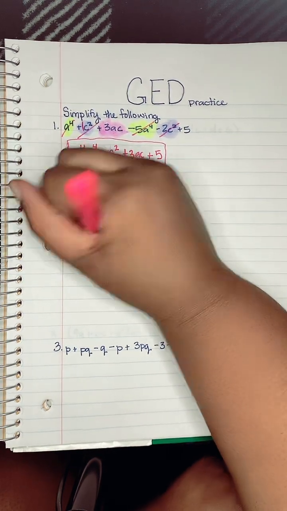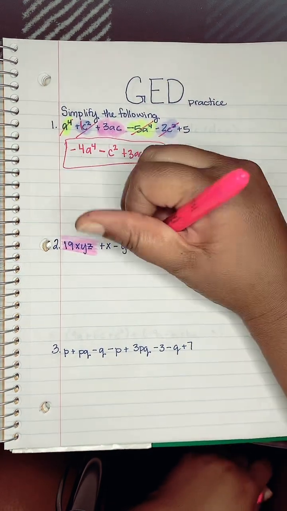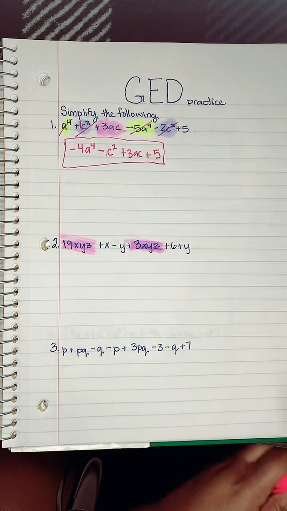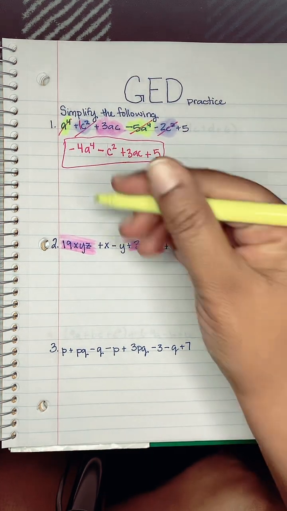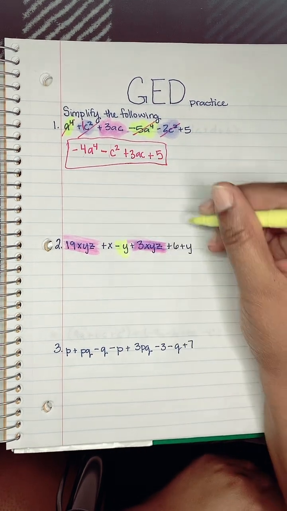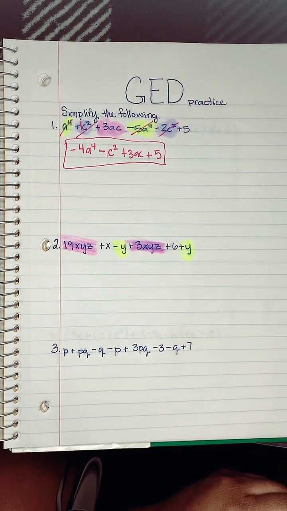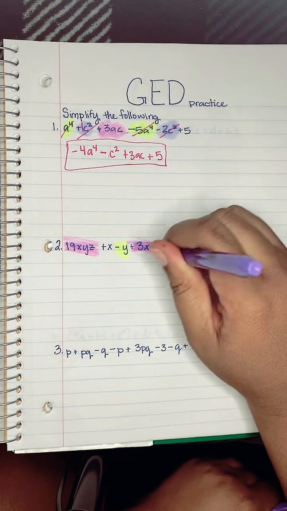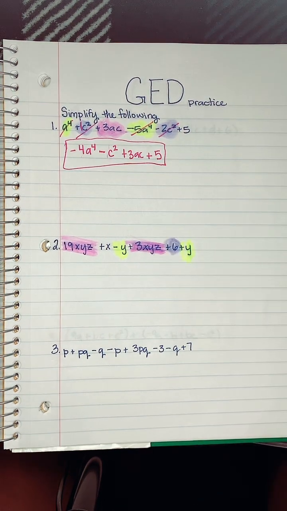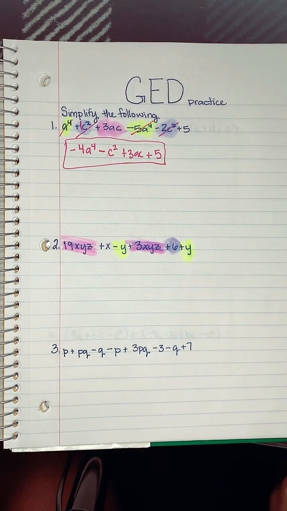So we have 19xyz, and we have a positive 3yz. We also have this negative y and this plus y. We have this plus 6. I'm like, where's my orange? Oh, there it goes.